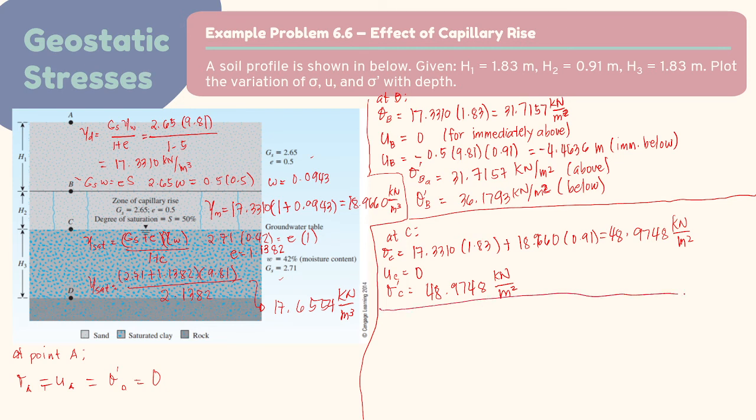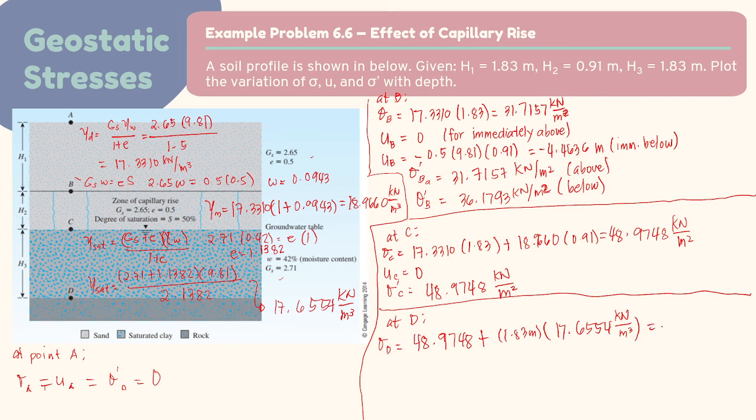And lastly, for point D, we have the total stress, sigma at D. Let's just copy 48.9748 plus, because this is the total stress at C, we only have to add H3, which is equal to 1.83 meters times the calculated saturated unit weight, 17.6554 kilonewton per cubic meter.